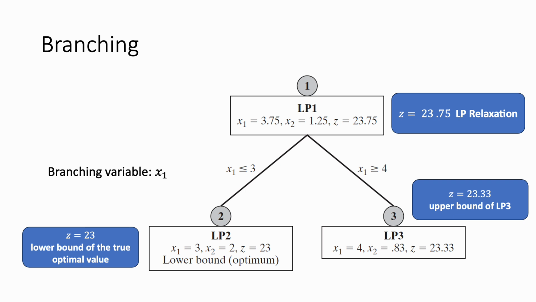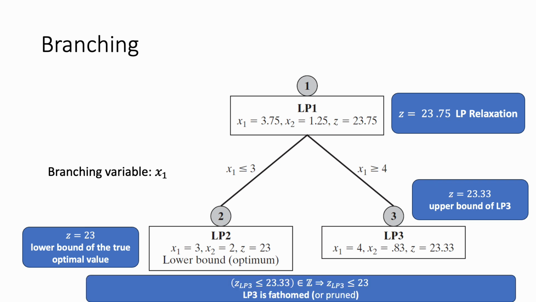LP3, on the other hand, gives us an upper bound for this branch. But this LP3's best possible integer solution has to be less than or equal to that of its LP relaxation. Okay.